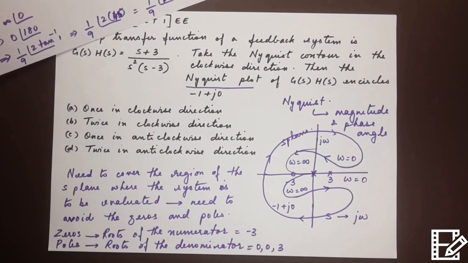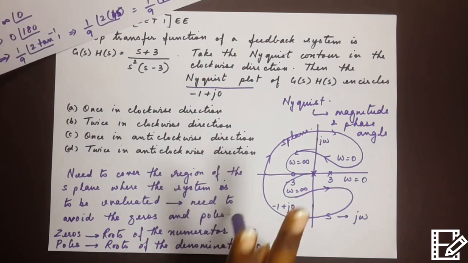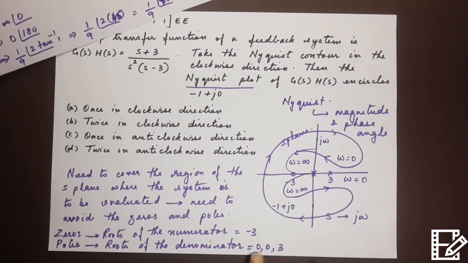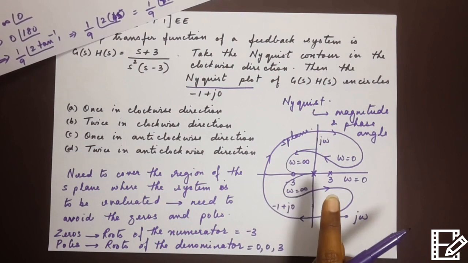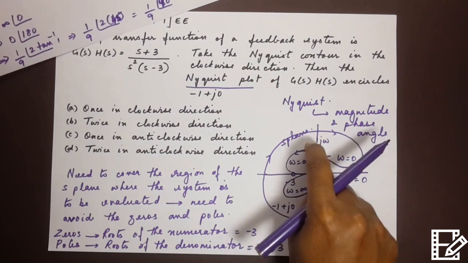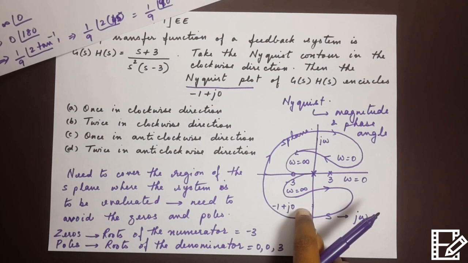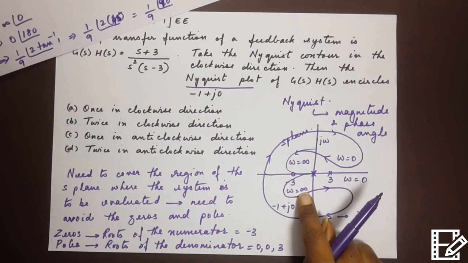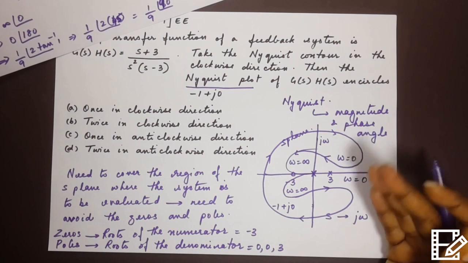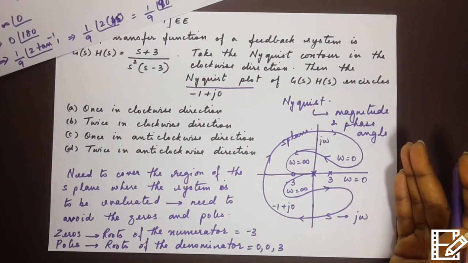You should also know that since there are two poles on the origin, 0, 0, we will have two semicircles with radius of infinity. They mirror each other, so they are symmetric.